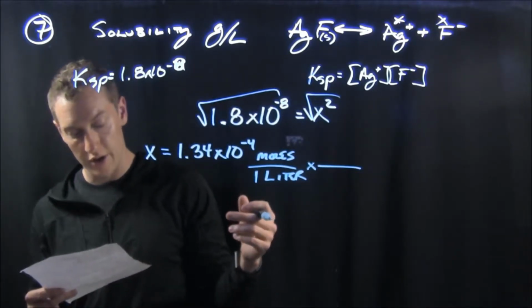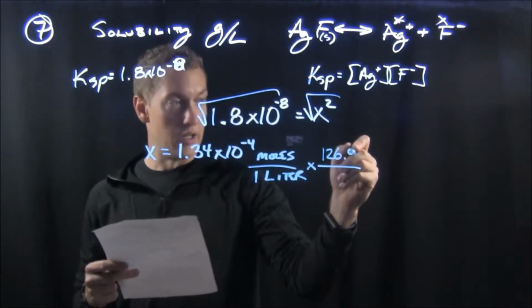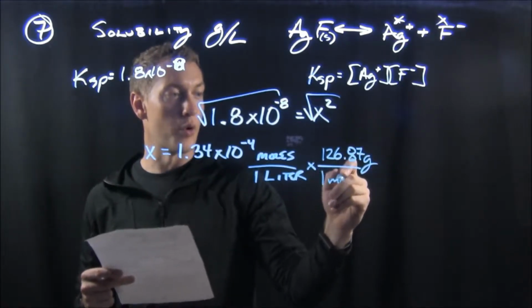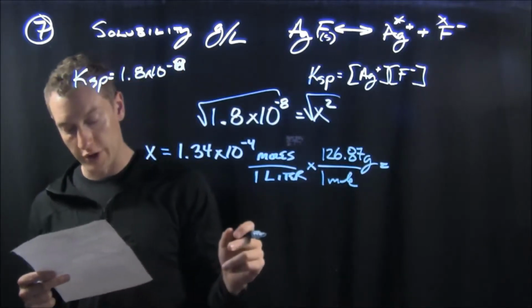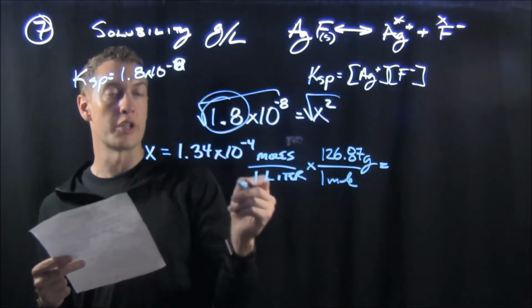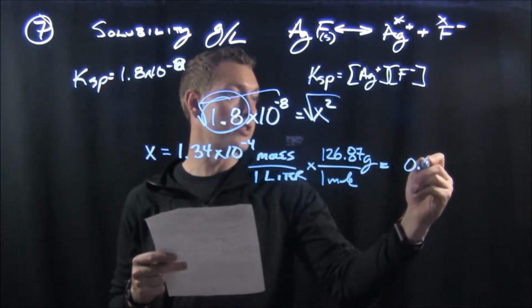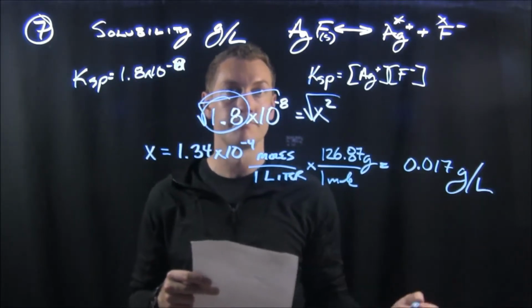So you add those together and it's 126.87 grams for every 1 mole. So you multiply those together, you'll get grams over liters. And I guess this guy was only 2 sig figs to start with, so we'll round our answer to 0.017 grams per liter.